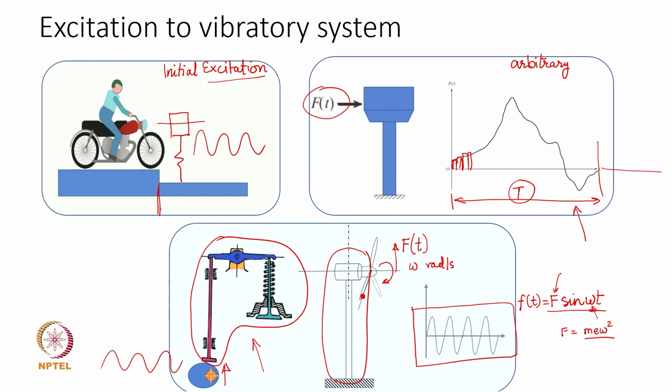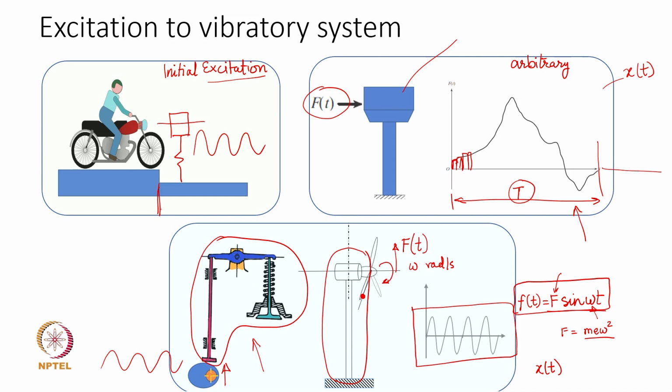And so, the job now is to figure out, the way we found expressions earlier, x of t as a vibratory response of such a vibratory system. Here also we are interested in finding out what is the response x of t of this vibratory system when it is subjected to an external forcing function given by something like this, a harmonic excitation function.